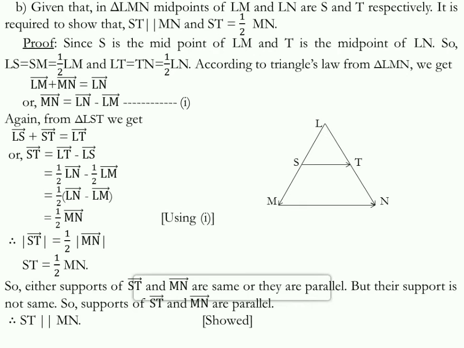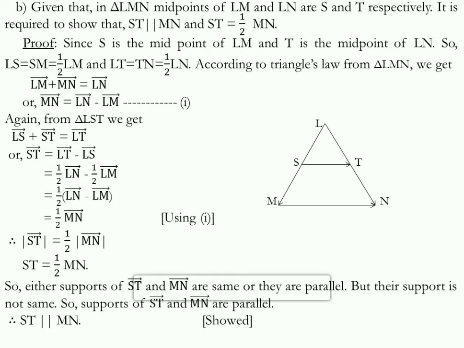Now for B, we are given that in triangle LMN, the midpoints of LM and LN are S and T respectively. We have to prove that the line joining two midpoints is parallel to the third side, and in value it is half of the third side.